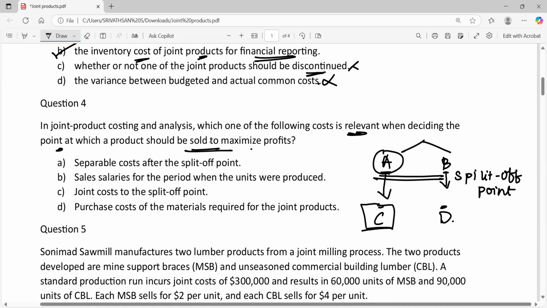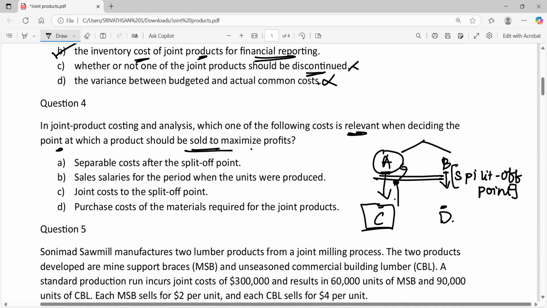So the split off point is the point where joint products are separated and these products can be further processed into a new product. So the requirement of the question is, while deciding whether to sell it at the split off point or to process it further, what are all the relevant costs? We are deciding whether to process it further, right? So from here only we are going to decide whether to process it further or whether we can sell it.